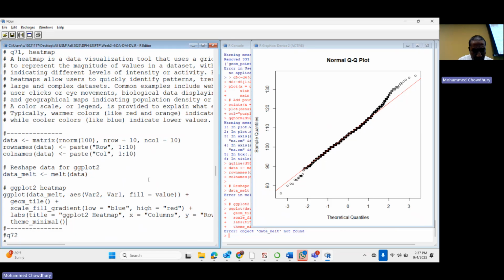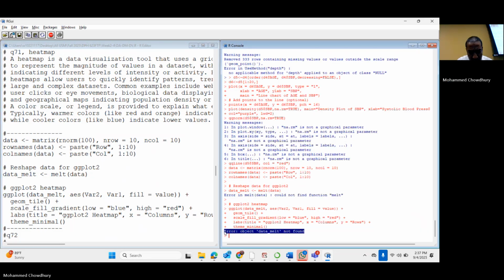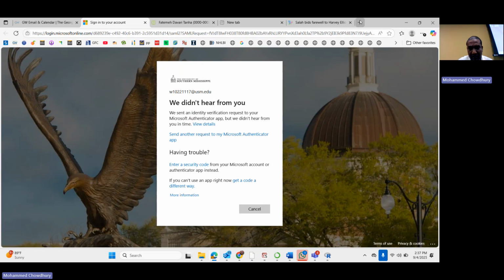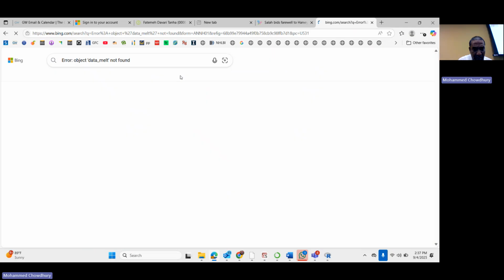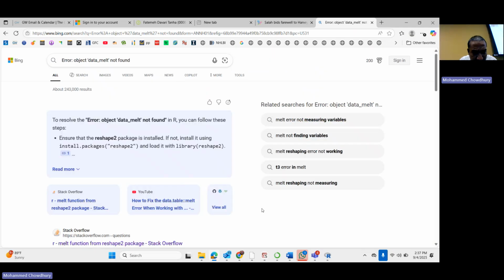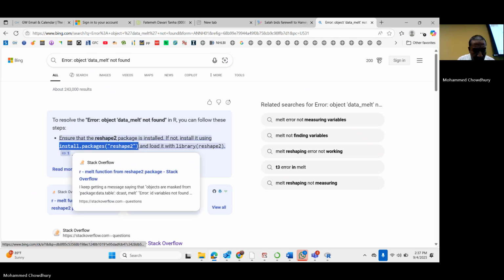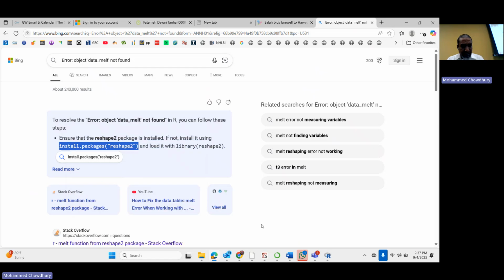Okay, I think I have to install a package. I think I have to install the package reshape. Install dot packages reshape.